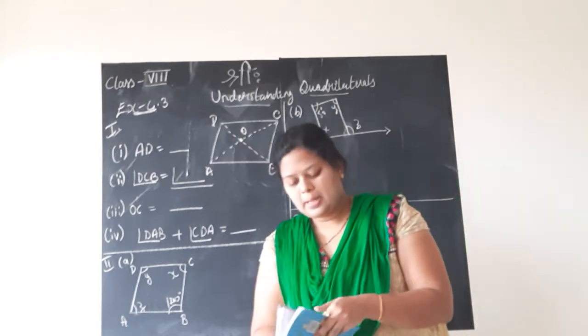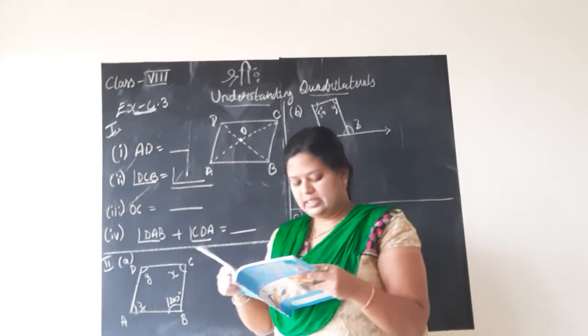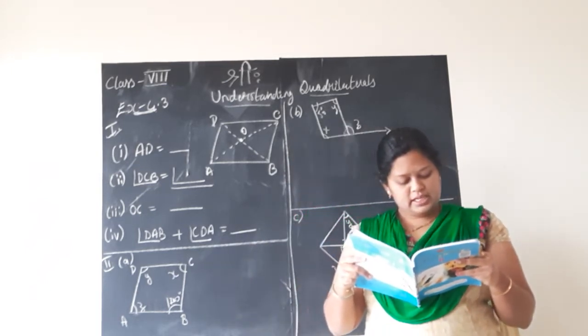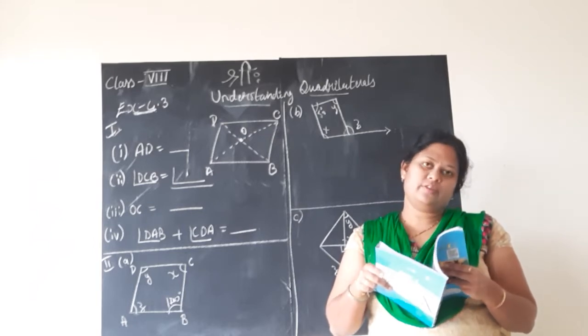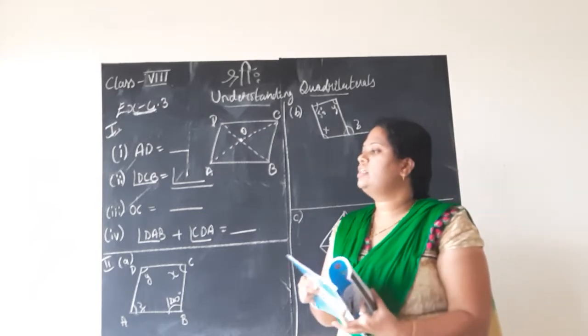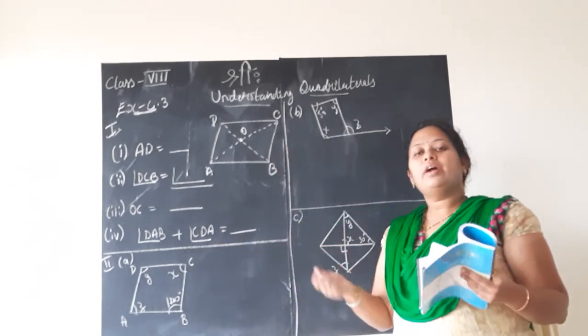First main is, given a parallelogram ABCD, complete each statement along with the definition or property used. As I said, in order to solve this exercise, you should have the knowledge of the properties of various quadrilaterals.